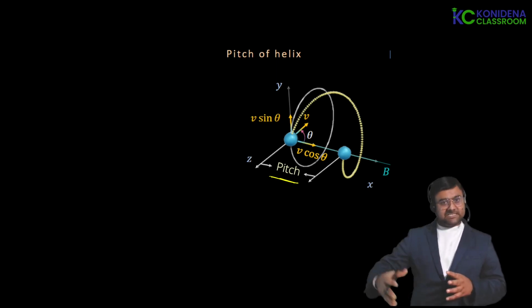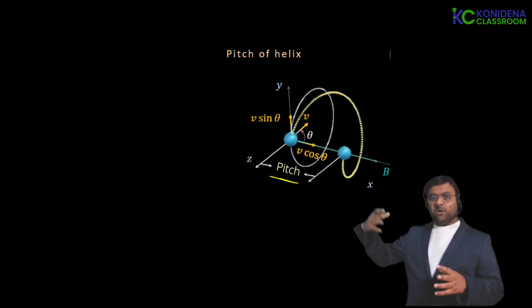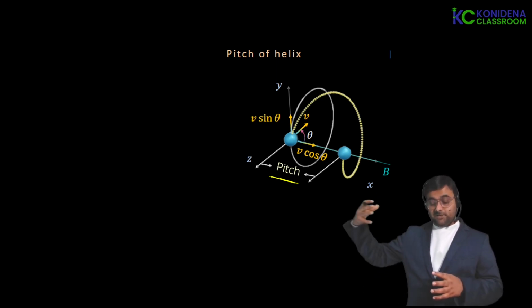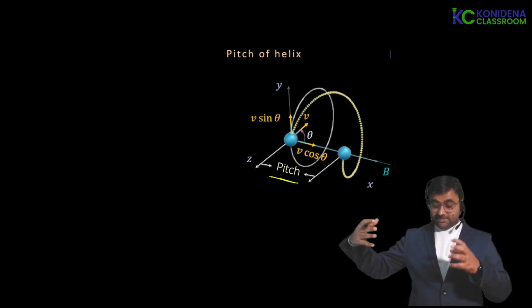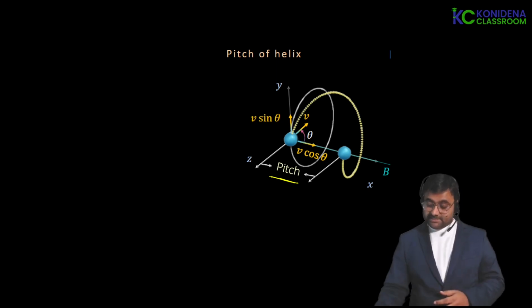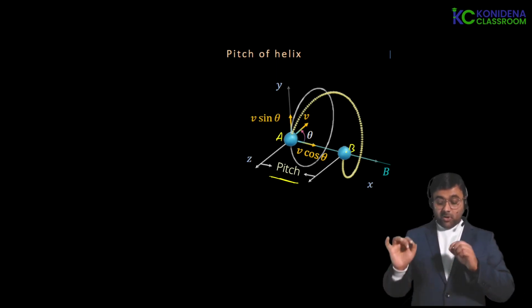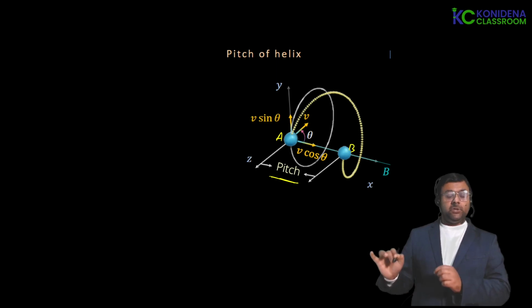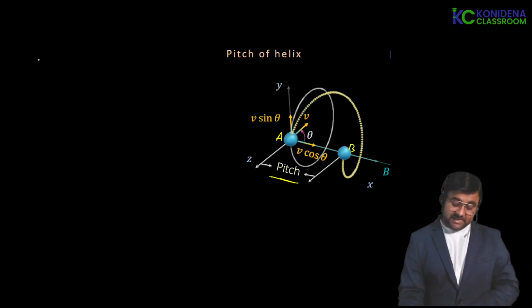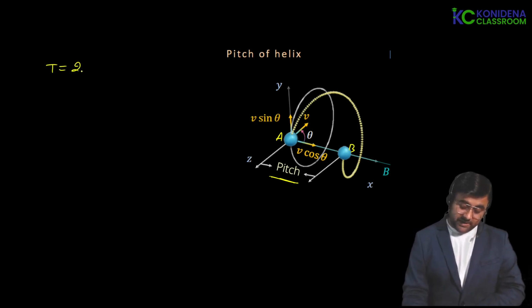And how much time it is taking? It is taking just one time period, which means it is just completing a circle. That means it will take just one time period to go from this point A to the point B. So how much time it is taking to travel pitch? That is time period, and that is 2 pi m by qB.